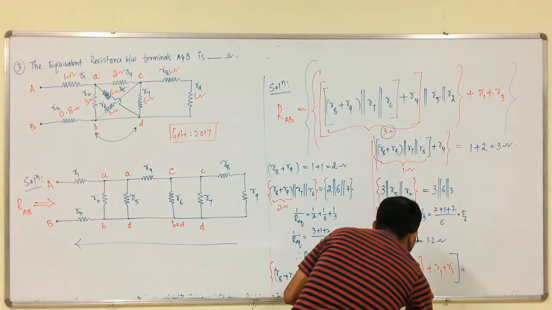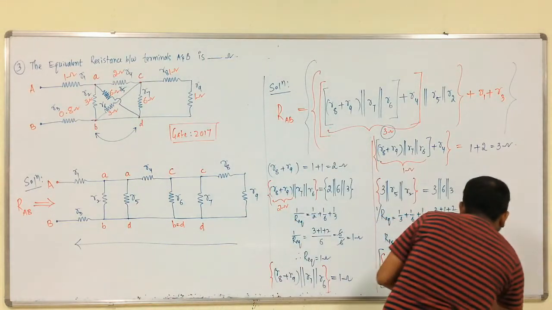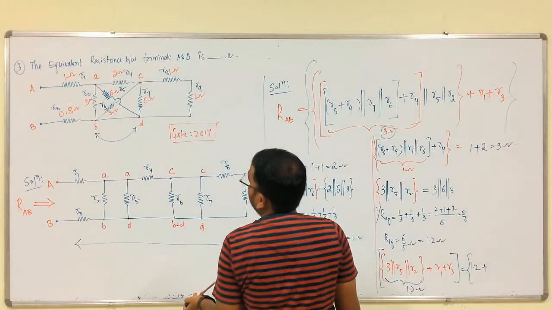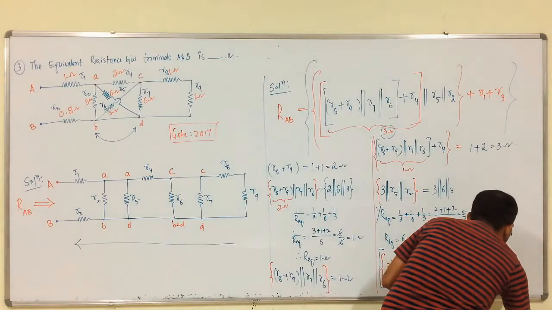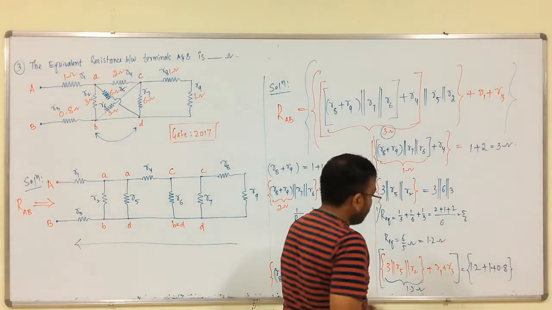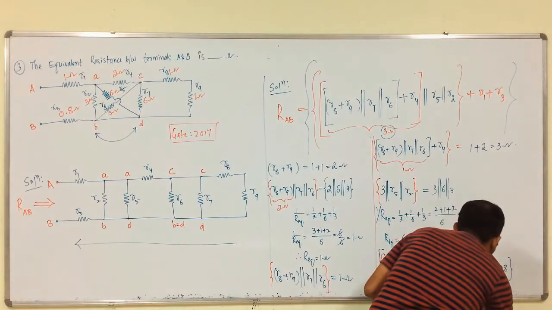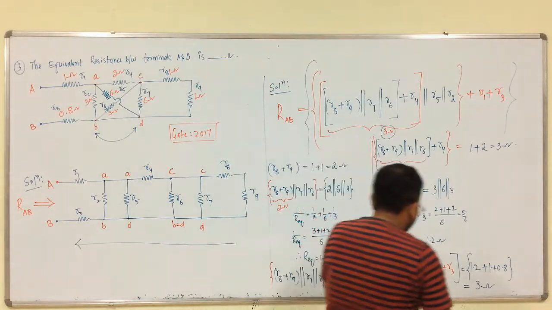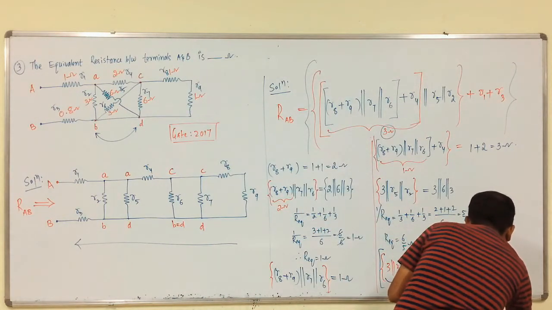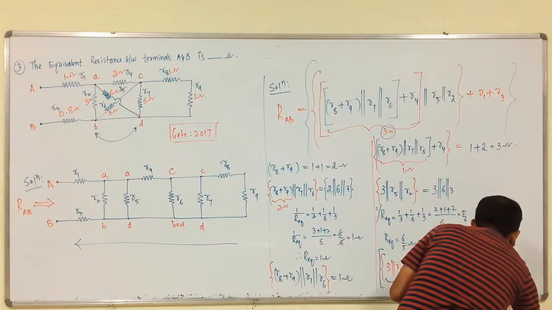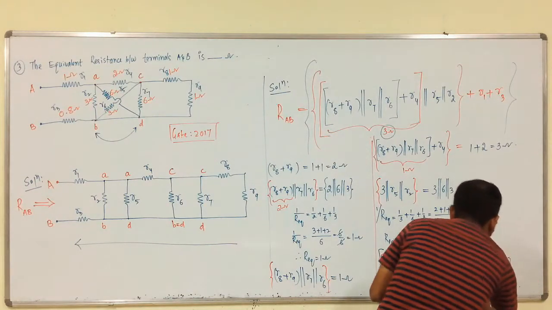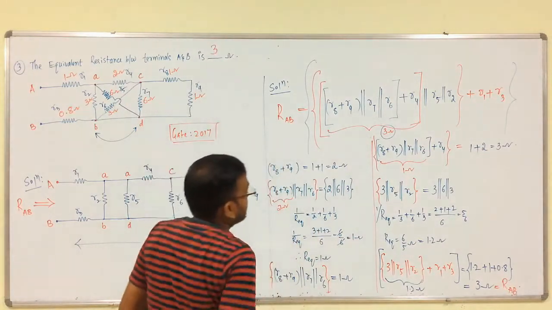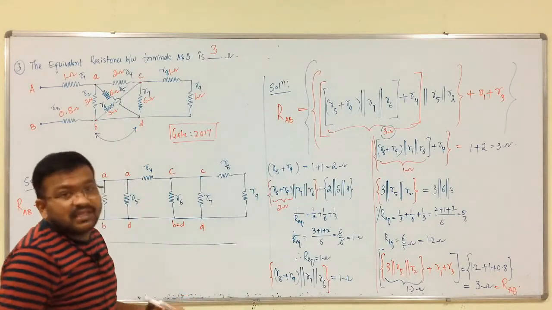So, up to this 1.2 plus, what is the value of R 1? 1, plus R 3, sorry, 0.8, which is equals to 1.2 plus 1.8, that is 3 ohms. This is nothing but RAB. The answer is 3 ohms. So, like this you have to simplify the circuit.